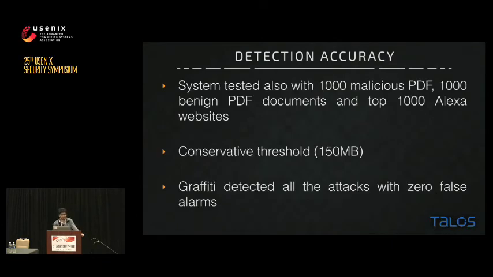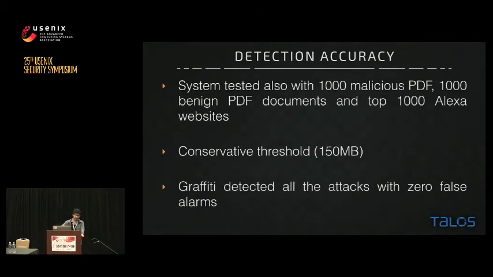Then another experiment that we performed is to assess the accuracy of our system. In this case, we took 1,000 benign PDFs and 1,000 malicious PDFs. We configured our system with a really conservative threshold of 150 megabytes, and for the PDFs we were monitoring only the PDF viewer.